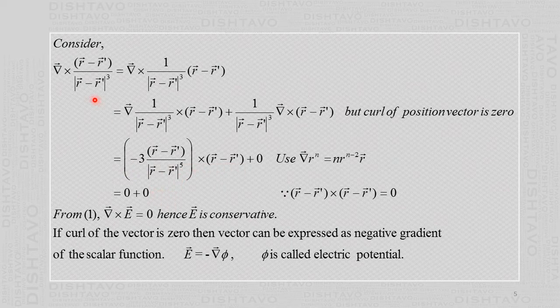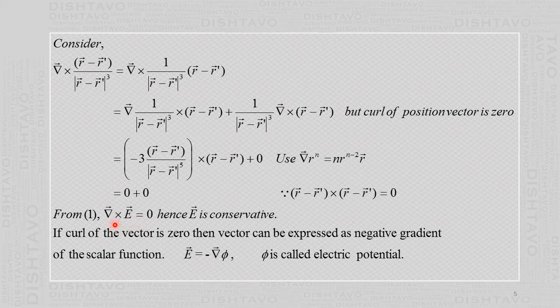And when you substitute this del cross vector r minus r dash by modulus of r minus r dash cube in equation 1 from the previous slide, the right hand side becomes 0. So the left hand side, vector del cross vector e, is equal to 0.